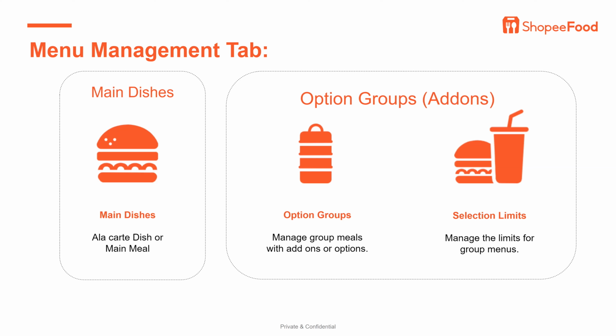For the main dishes, you can edit the meals directly for the main meals or a la carte. Under the option groups, we also have selection limits that you can edit, so you can control how much quantity the customers can add into your meal. We will look into further details on our next slide.